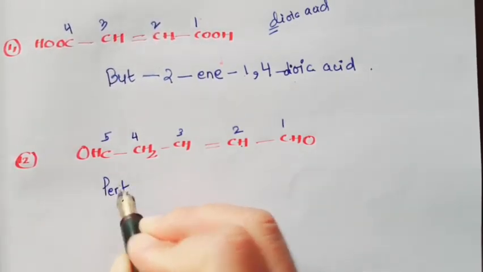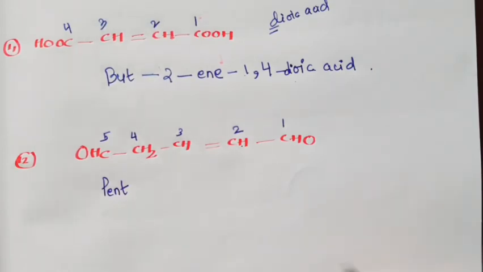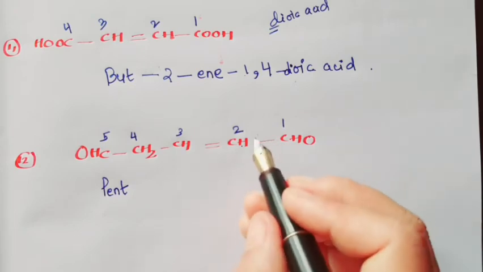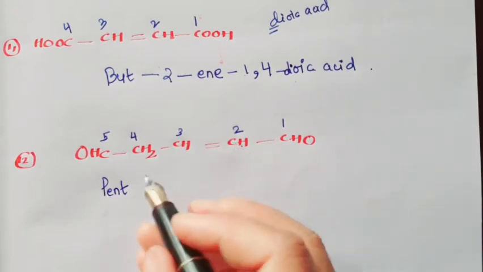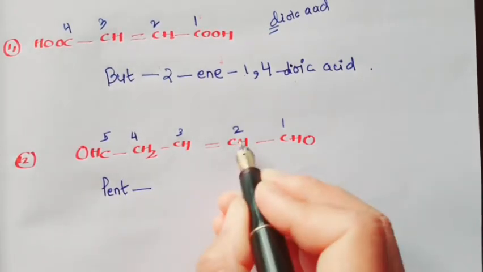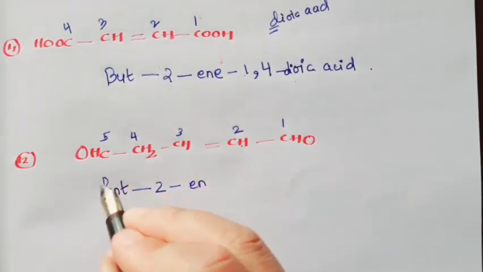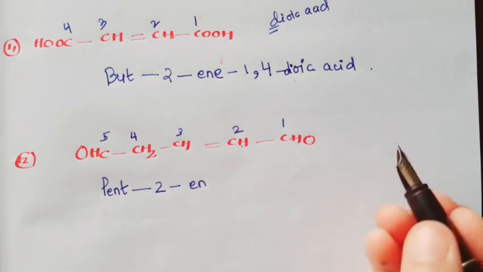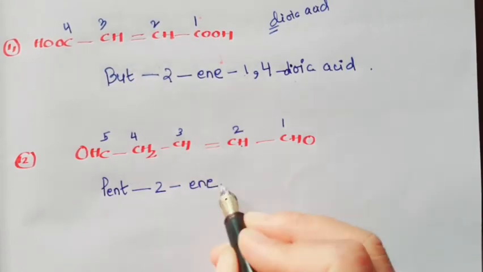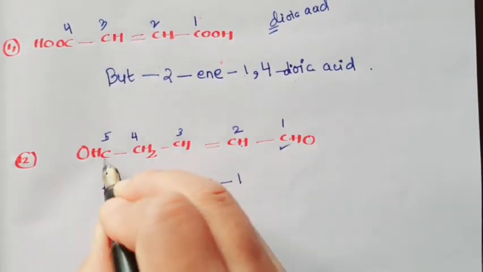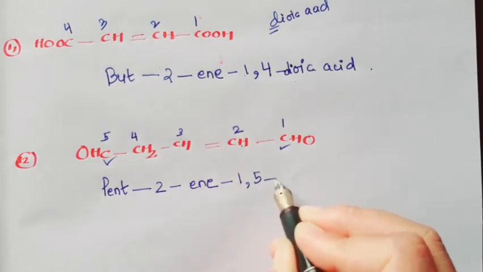No substituent, no prefix, so directly we start with the word root, pent. Now the double bond, position 2. Now again dial, D is a consonant, so E will be retained. Position is 1 and 5, 1,5-dial.